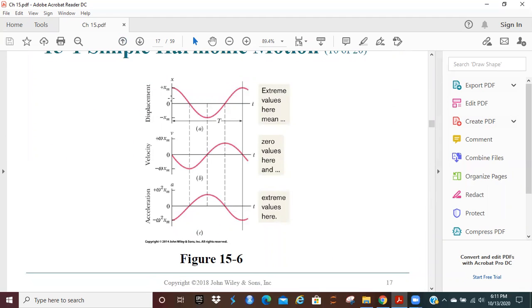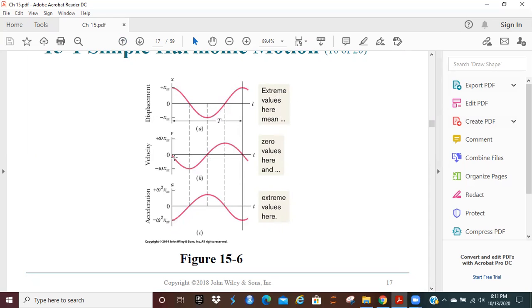So here's a graph of the displacement, the velocity, and the acceleration. If you have the extreme values at 0 times T and then 1 times T, those extreme values mean that our velocity is going to be 0.